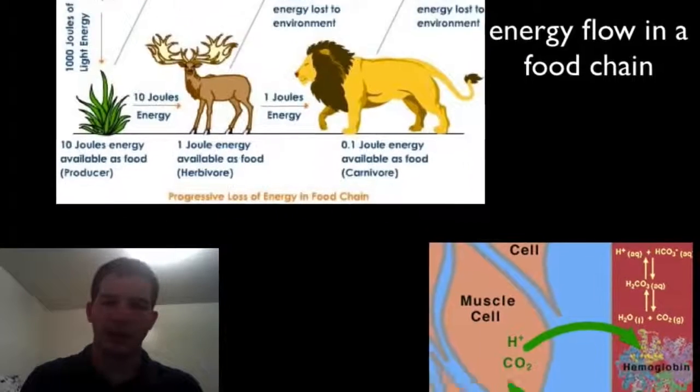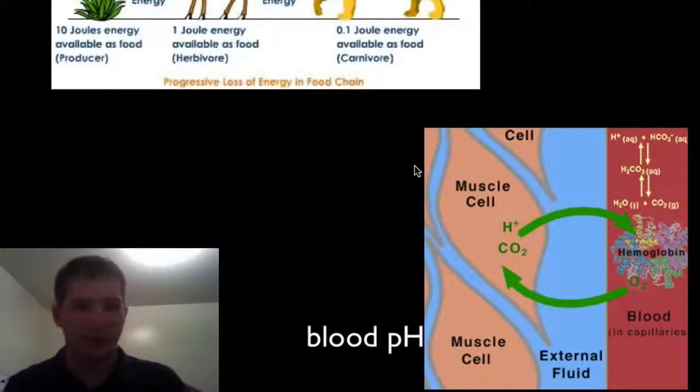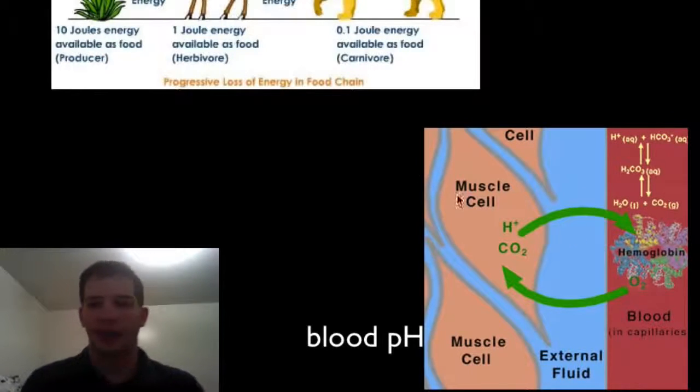This example down here is going to be blood pH. Blood pH is an example of how the human body can maintain itself. And if you don't know, the blood pH of the human body is actually 7.4. And 7.4 is slightly basic, and the body actually regulates that.